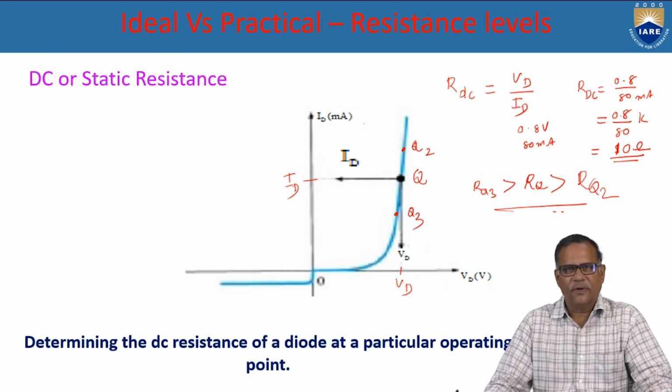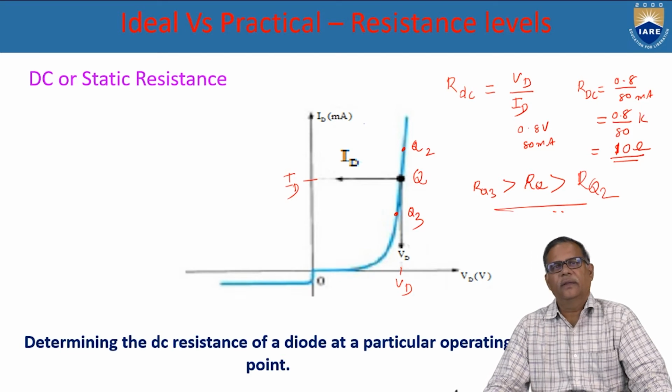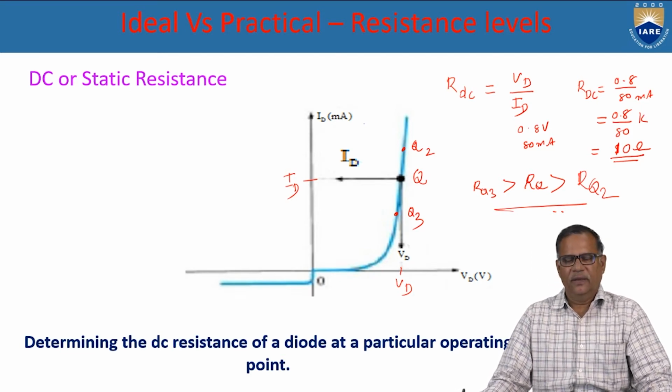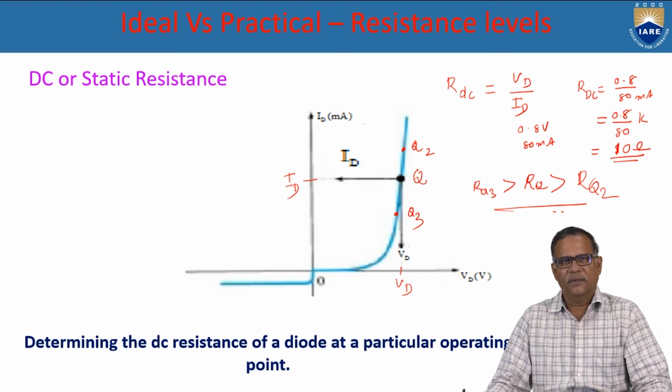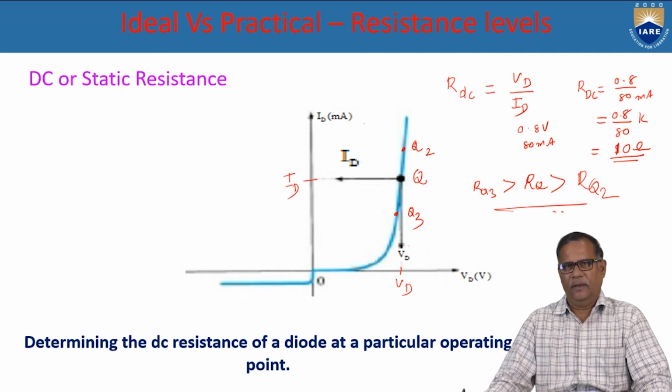So when the diode is forward biased, we get more current. So the resistance is going to be less. Suppose if we apply the reverse voltage to the diode, that is called the reverse bias. So practically no current flows. We can say that the diode offers a very high DC resistance.